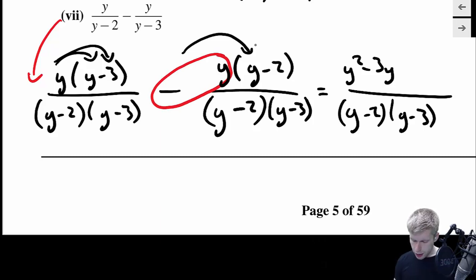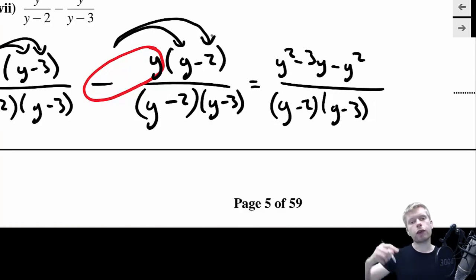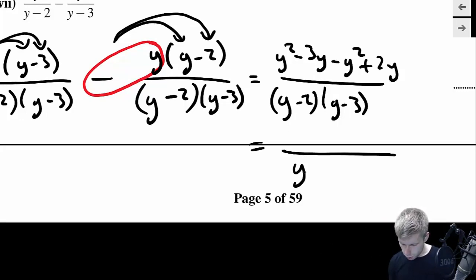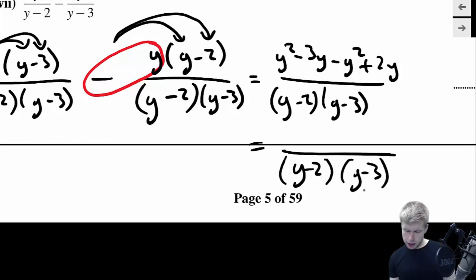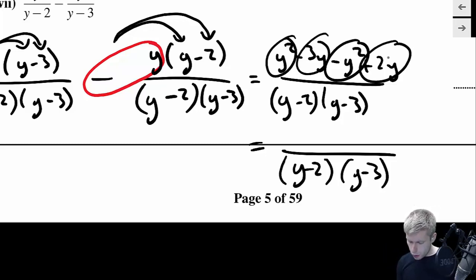So negative y multiplied by y gives me negative y squared, but then also negative y times negative 2 gives me positive 2y. So collect together the like terms, I end up with the same denominator, y minus 2, y minus 3. So I have a y squared, but I'm taking away a y squared, no y squareds, and then a negative 3y and a positive 2y, which makes a negative y, like so.